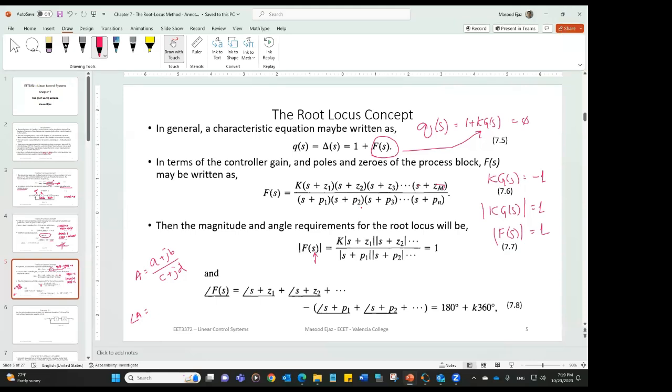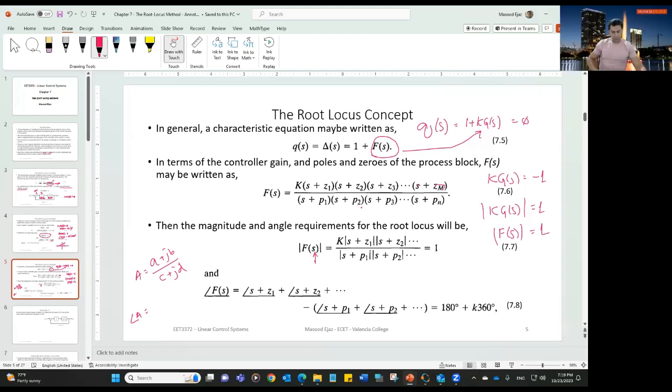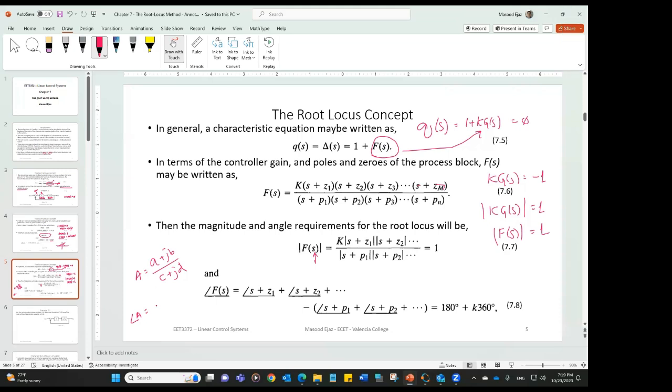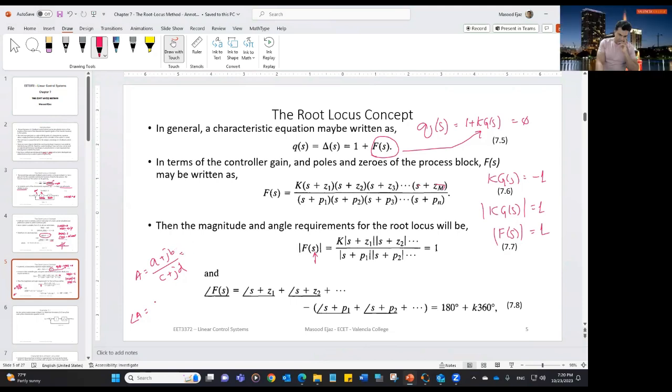Can't you convert it to polar and subtract the two angles? Okay, so if I want to write down the phase of A, it would be the inverse tangent of B over A minus the inverse tangent of D over C. That is correct.